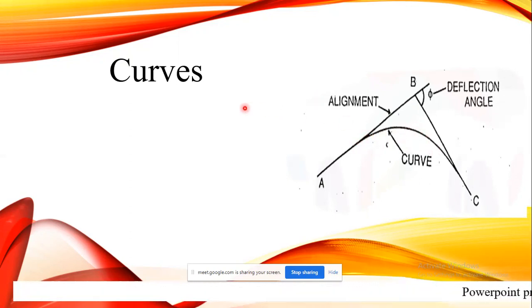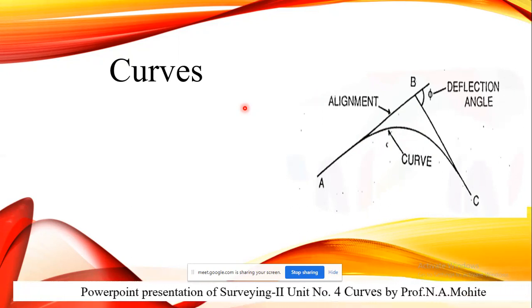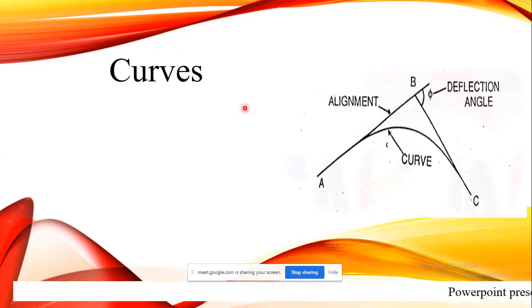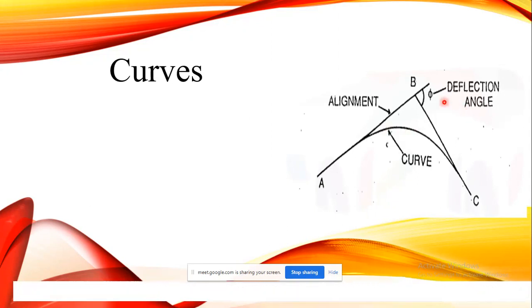During the survey of the alignment of a project involving roads or railways, the direction of the line may change due to some unavoidable circumstances. The angle of the change in direction is known as the deflection angle.